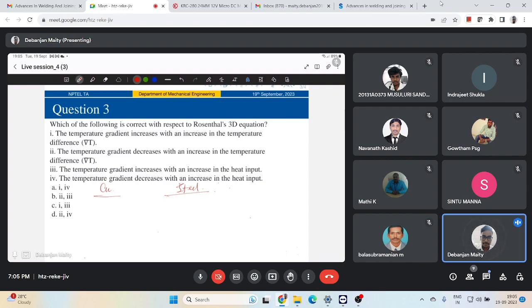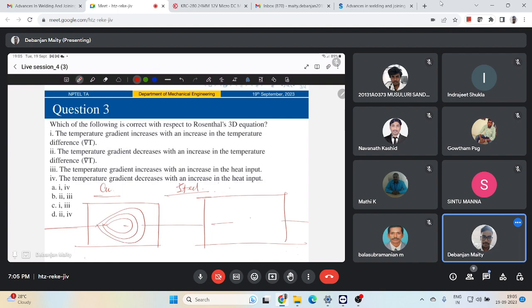Now, for one case I'm drawing my temperature contour plot. So this is one of my temperature contours, and this is another temperature contour. Can you tell me which one will be for copper and which one will be for steel?